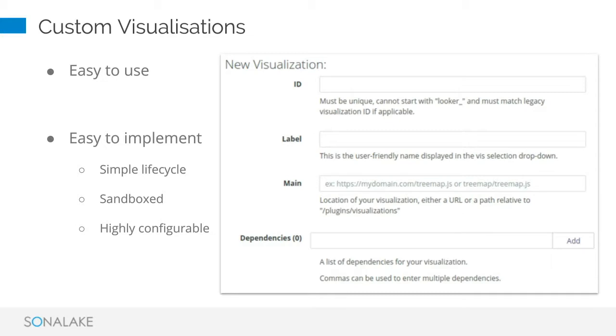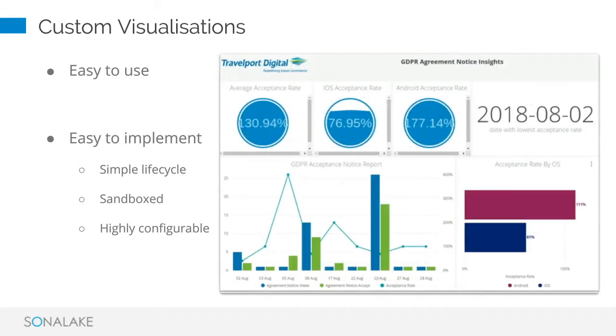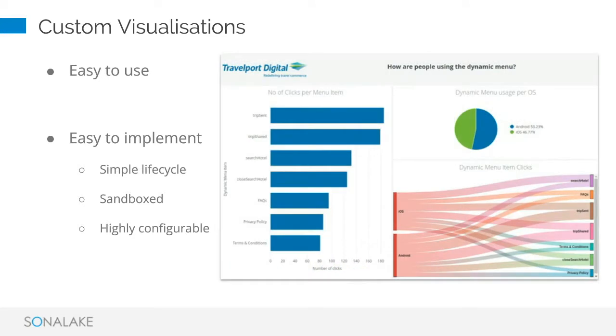We have some examples here. For example, the liquid gauge there is a custom visualization, and on your bottom left side, there's a Sankey diagram, which is also a custom visualization. But if you're a developer and you want to create your own custom visualizations, Looker also provides a very good development environment.